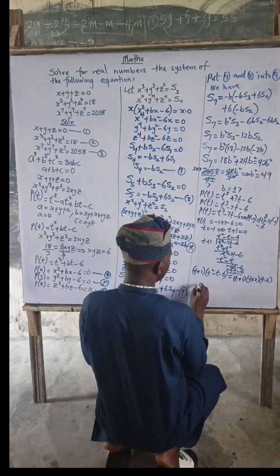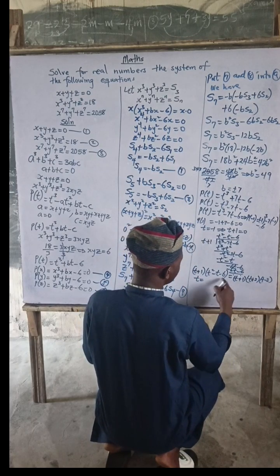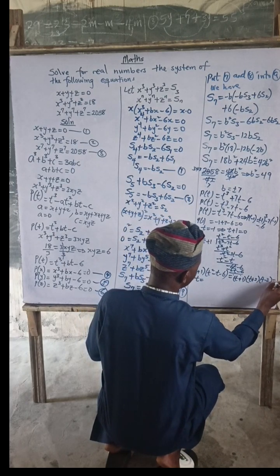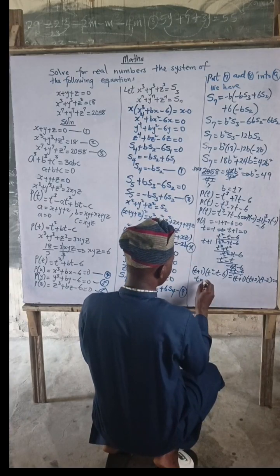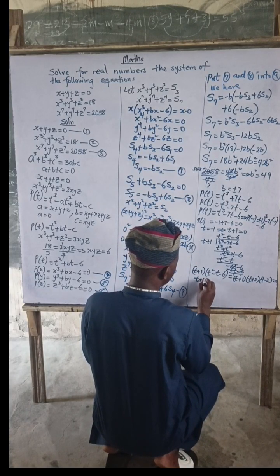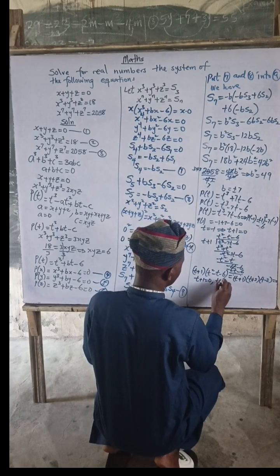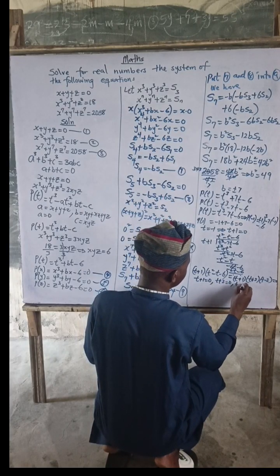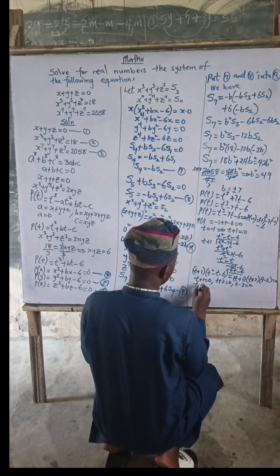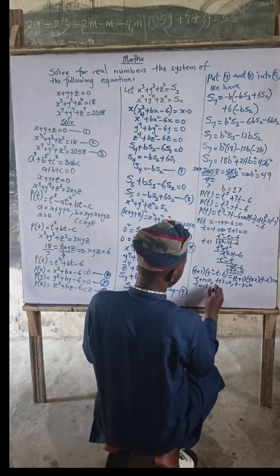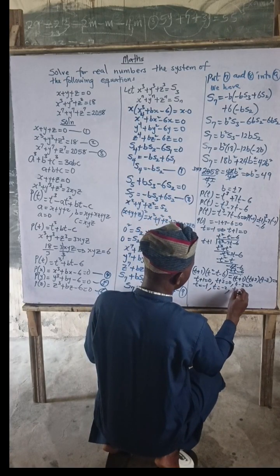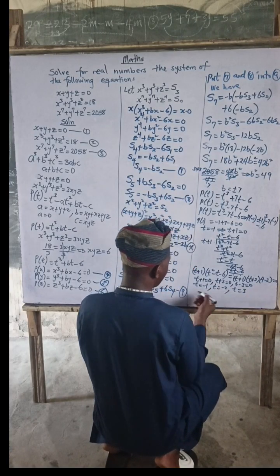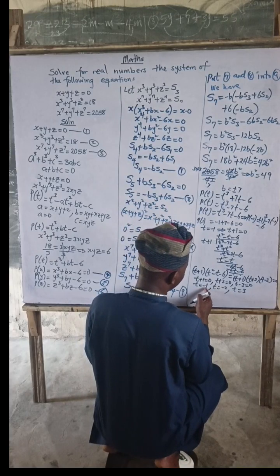So therefore, this leads to t plus 1 equals 0, t plus 2 equals 0, then t minus 3 equals 0, which implies t equals minus 1, then t equals minus 2, then t equals 3.